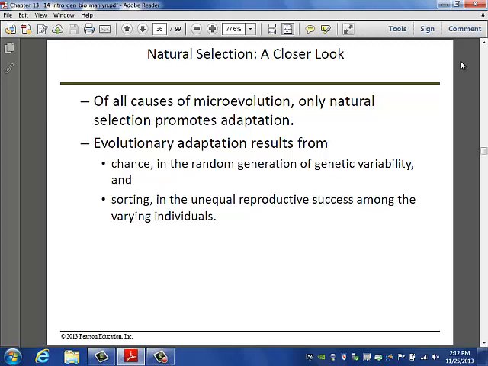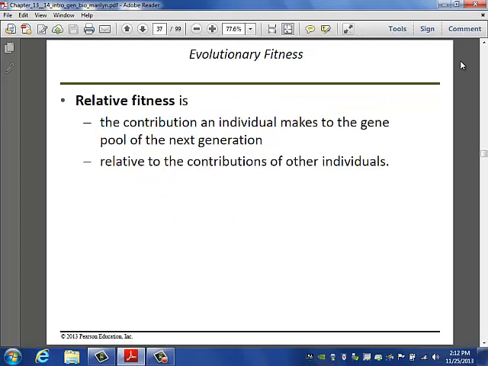Whatever the organism is, it has to be able to do what? Live long enough to pass its genes to its offspring. We might see a mutation that's amazing and wonderful, but if that organism with the mutation doesn't reproduce and pass it down, it ends with what? It ends with that organism. So relative fitness, the contribution an individual makes to the gene pool of the next generation, relative to the contributions of other individuals.